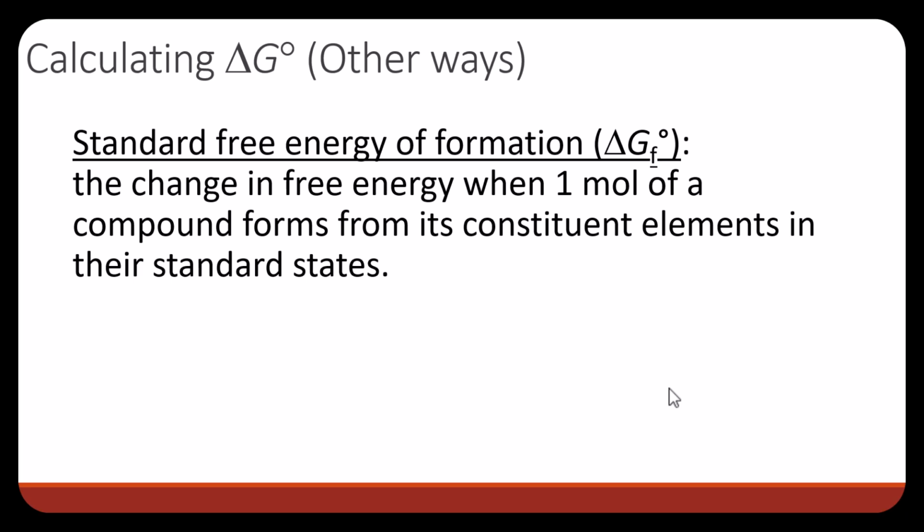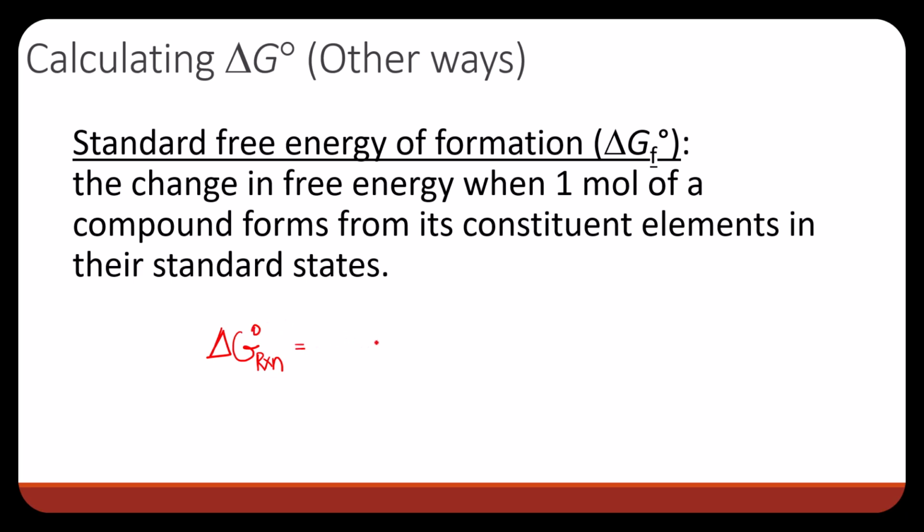When we look at the Gibbs free energy for a reaction, so we're going to look at this change in Gibbs free energy for a particular reaction, and we're going to use these standards.